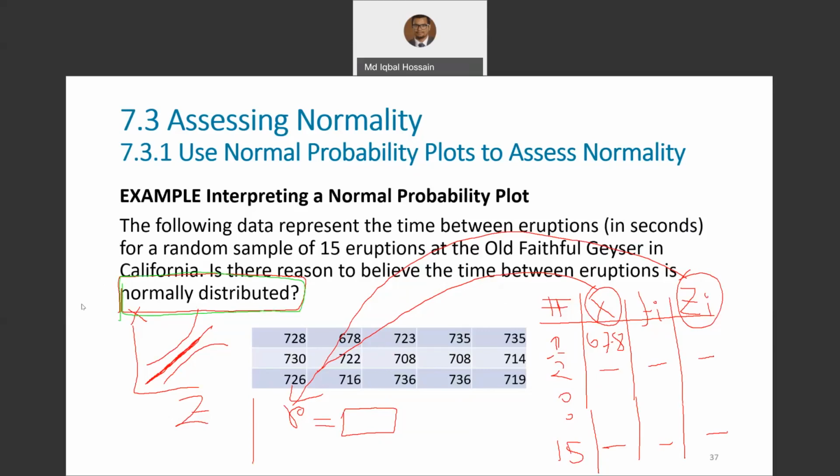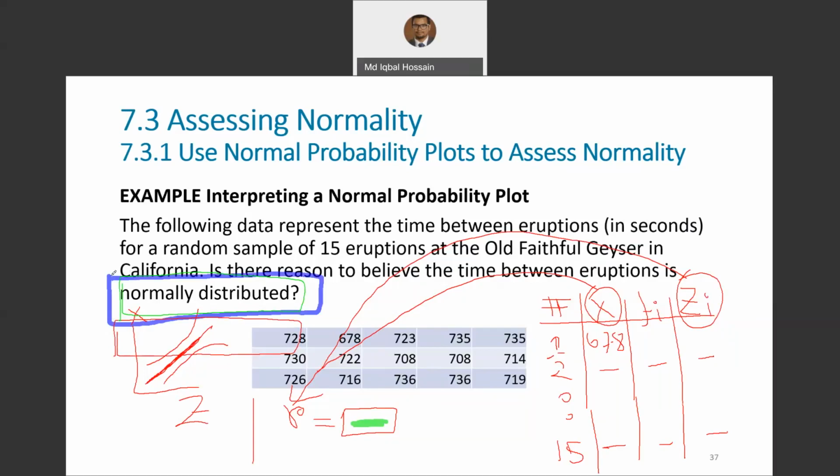Or if the R value we are finding here is not greater than the critical value we will find from the table, then we will say the data set we are discussing here is not normally distributed.